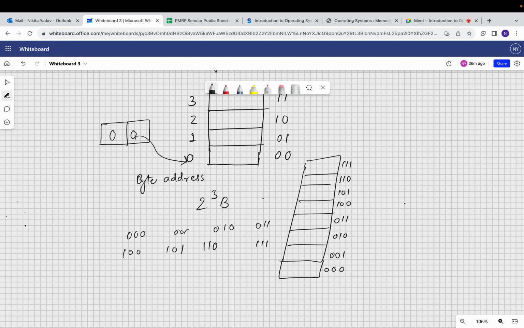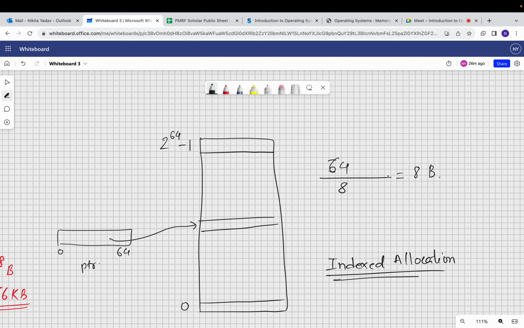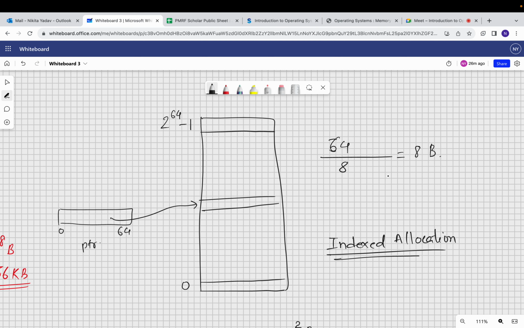This is your 8-byte RAM, and the addresses are of 3 bits here. So when your RAM is of size 2 to power 64, it has 2 to power 64 byte addresses, and you need 64 bits to address a byte in RAM.